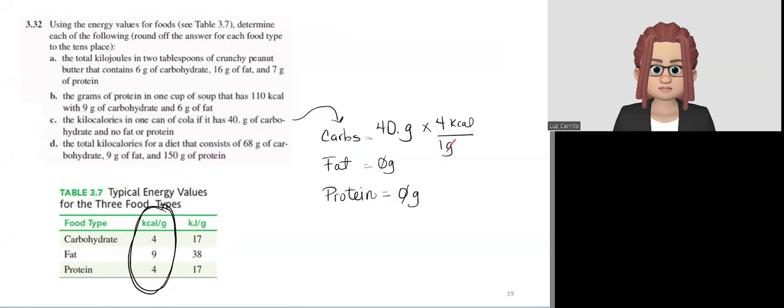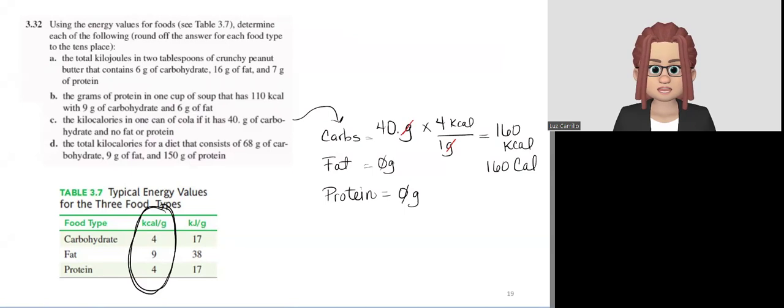So I'm going to cancel the grams. And then I find that when I take 40 times 4, that equals 160 kilocalories. In other words, 160 nutritional calories.